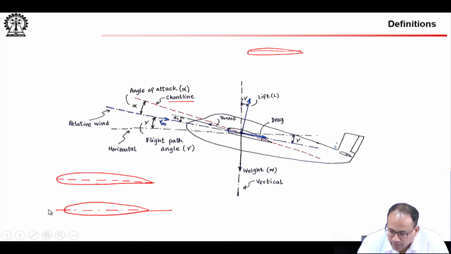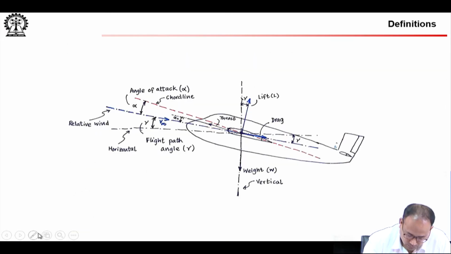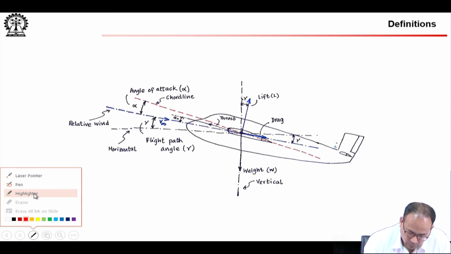Okay, we will come back to the airfoil at a later point. I am having a little bit of difficulty in drawing a symmetric airfoil on this setup. So, at this point let us see that this is the chord line. So, that is what the chord line is.